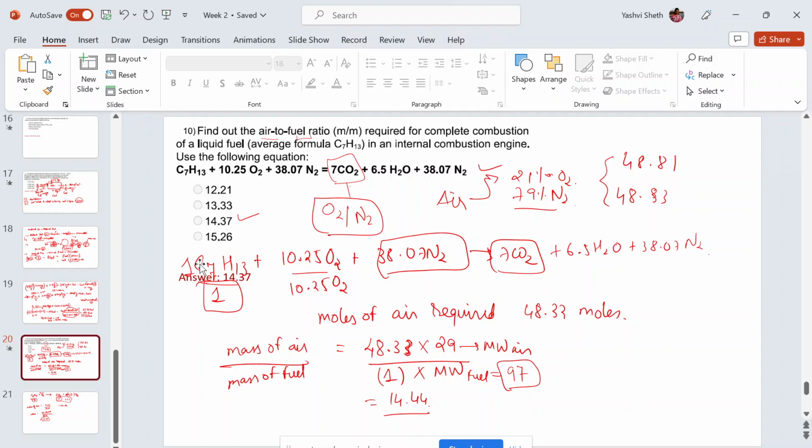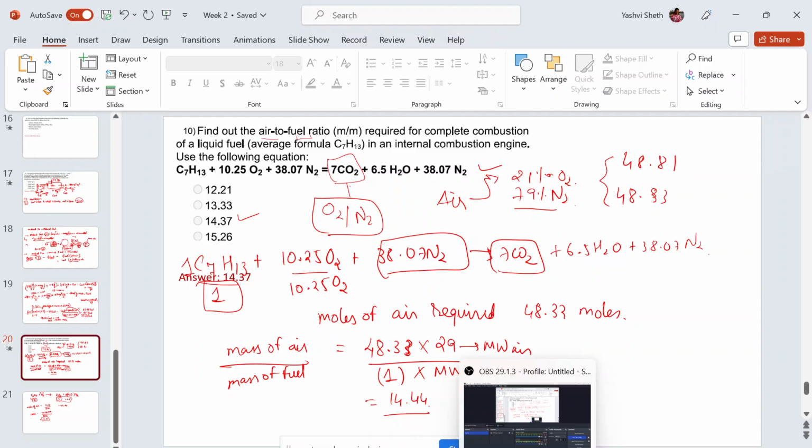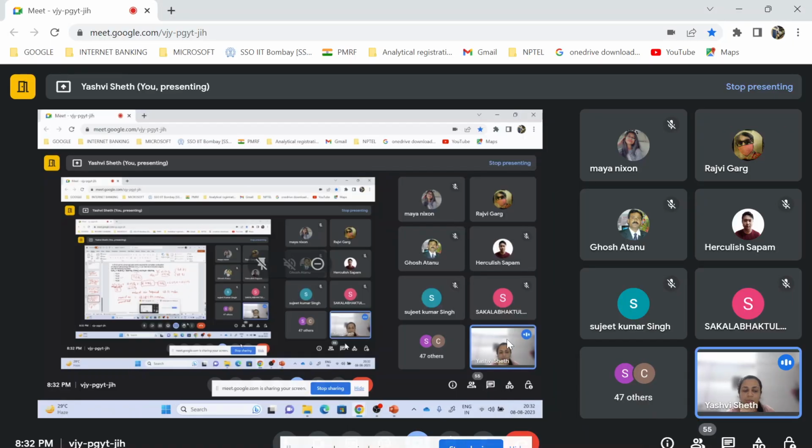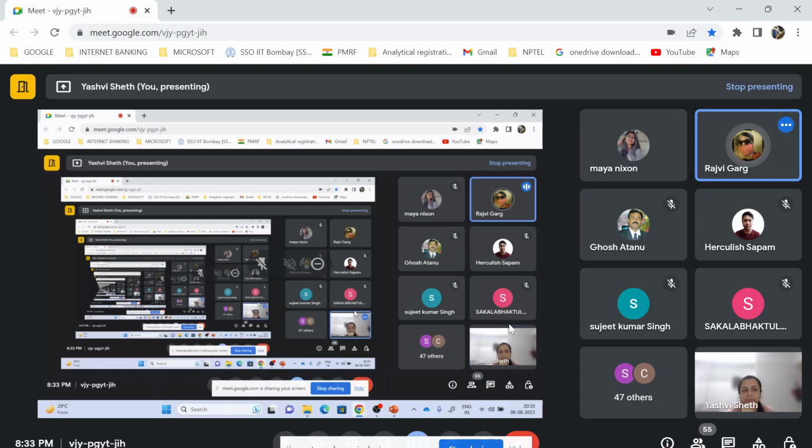If you are not able to find out properly, then I can write the steps on a paper and paste a photo for you, if you want. Yes, ma'am, please. Okay, I will do that and upload the PPT. I guess you are able to access the PPT, right? Yes, ma'am. Okay.